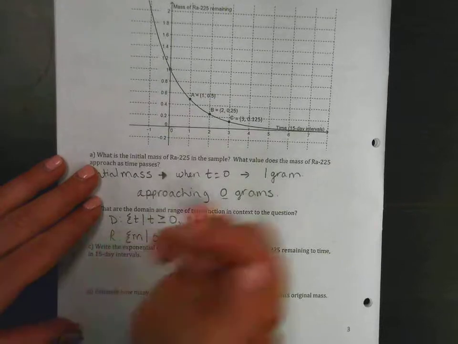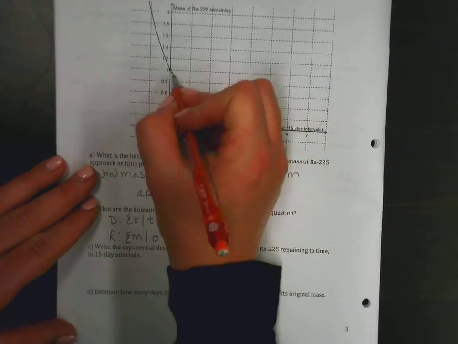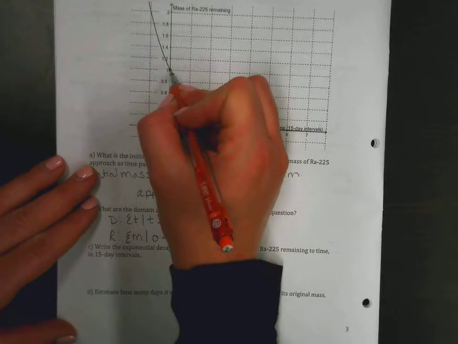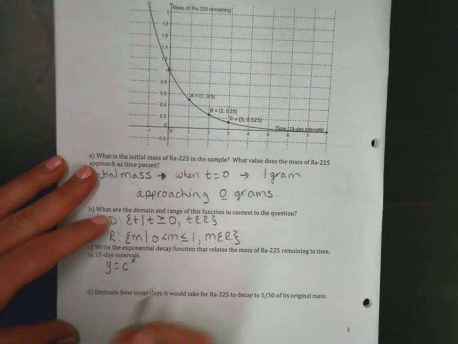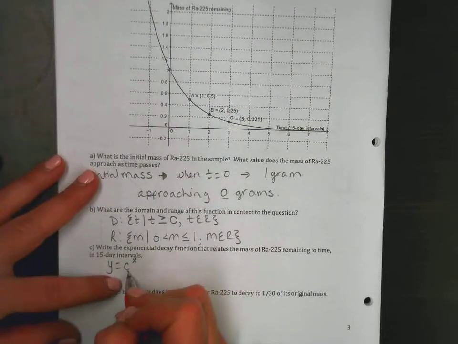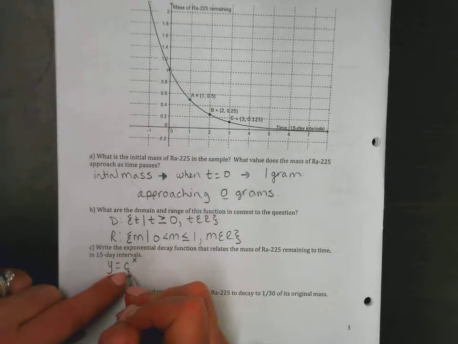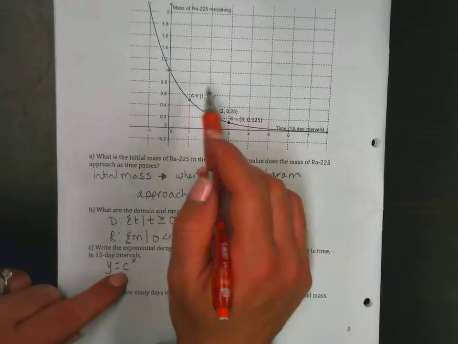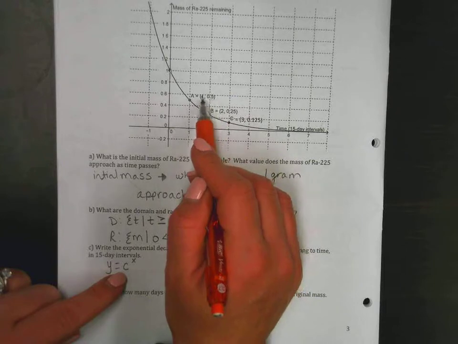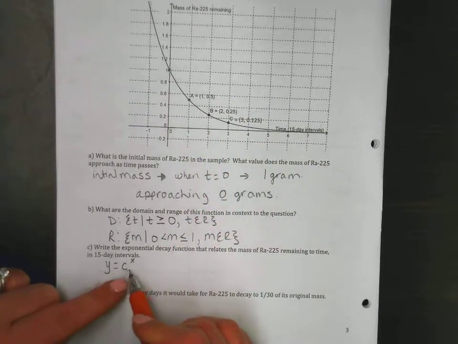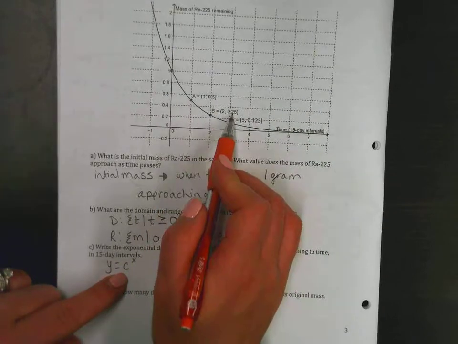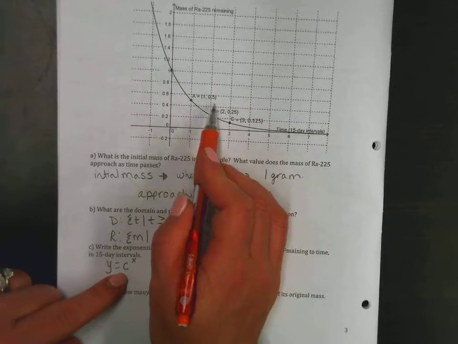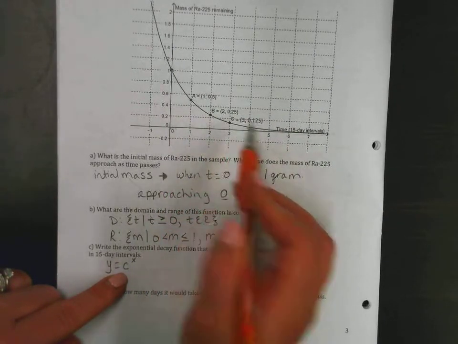So when I look at these points, again, my initial value is at (0, 1). Remember, our base function is always y equals c to the x, and then we have to figure out our c value. Two ways you can do this: you can substitute in x and y from any one of these points and solve for c, or simply figure out the multiplication value that's happening to my y values as my x values are increasing.